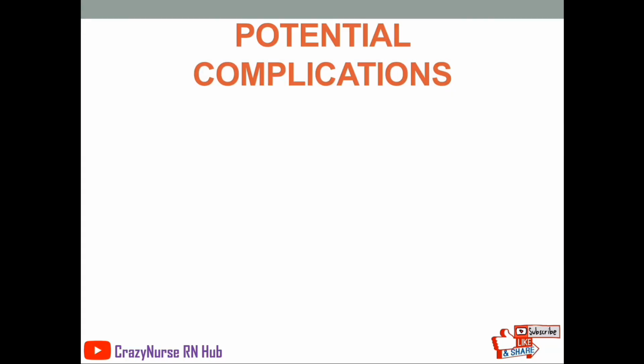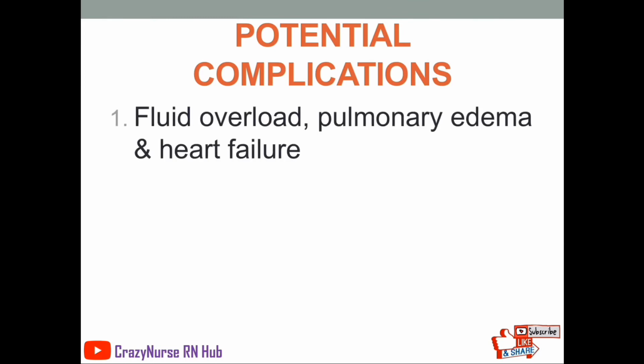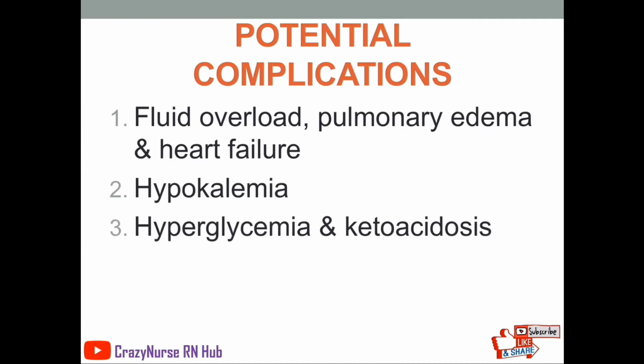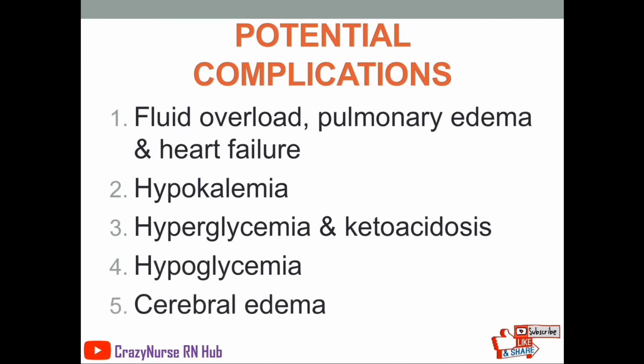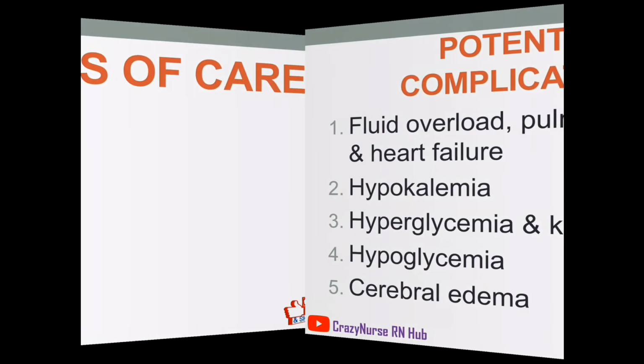We also have potential complications, namely fluid overload, pulmonary edema, and heart failure, hypokalemia, hyperglycemia and ketoacidosis, hypoglycemia, and cerebral edema. So these potential complications are a result of the treatment as well as the disease process of diabetes.